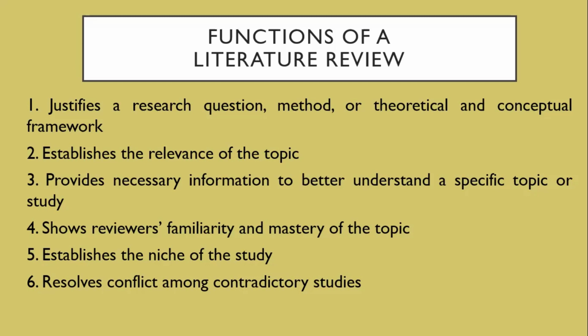So a literature review illustrates the researcher's knowledge and understanding of the topics being dealt with in the research. Number five, establishes the niche of the study. So it explains the problem of the study that needs to be resolved. Number six, resolves conflict among contradictory studies. So a literature review can shed light on the conflicting ideas and research findings related to your study.